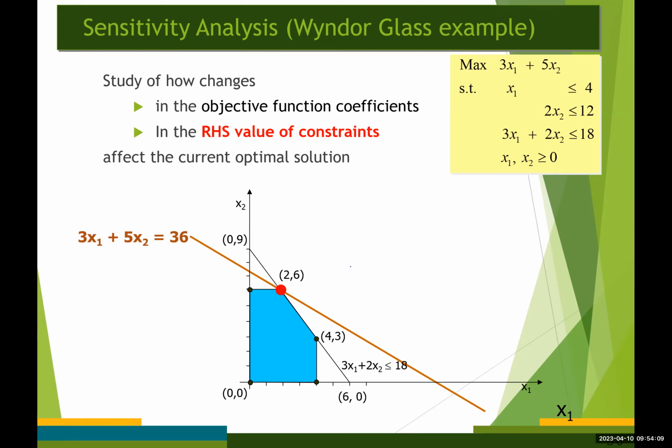Likewise, if you change the right-hand side value of the plant number 3 constraint, then this line will move either this way or this way, right?